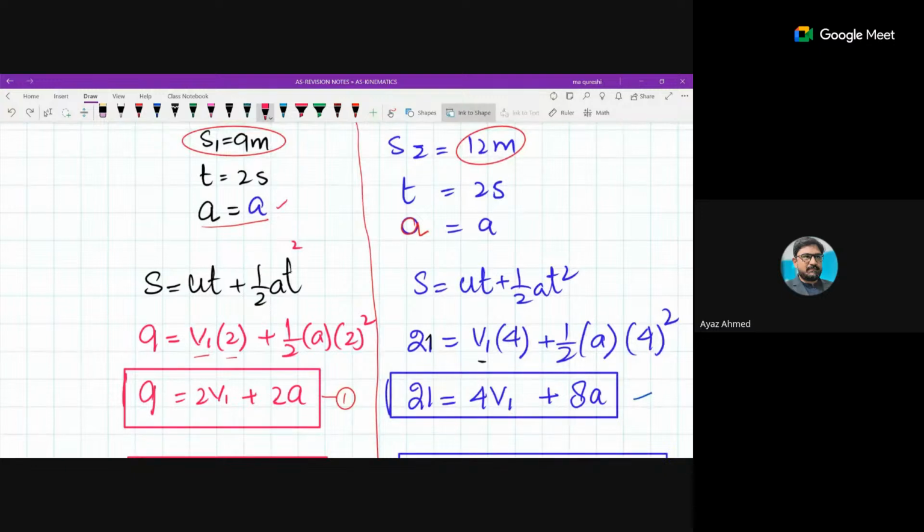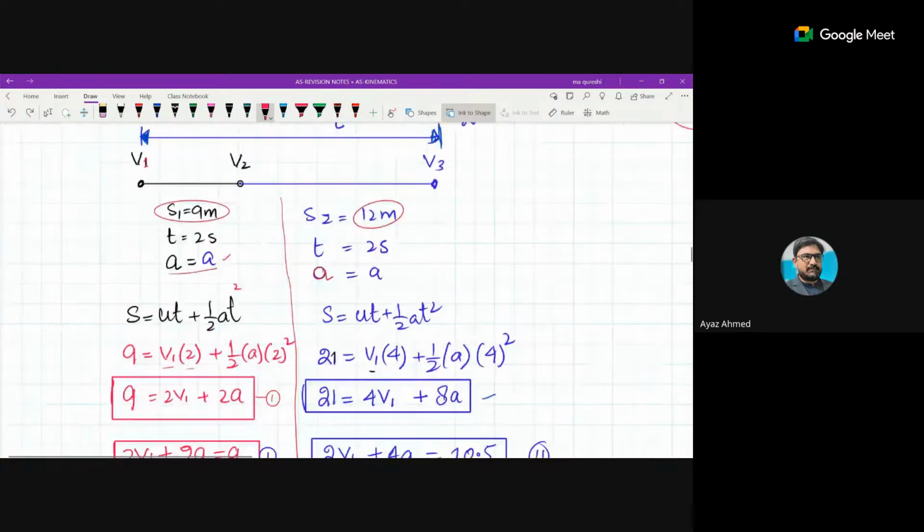So I made one equation. Is there any confusion? No, sir. Okay, so you got this equation linearly.